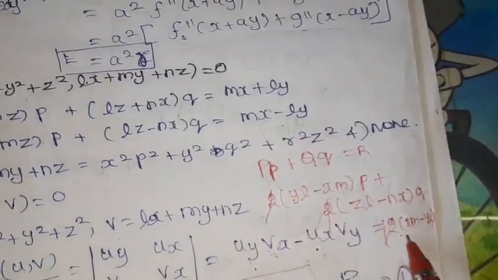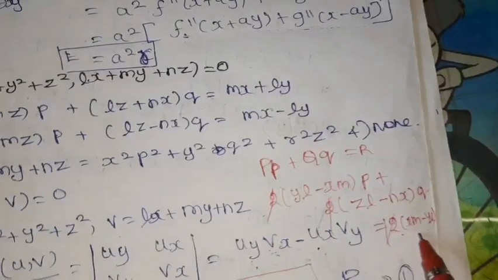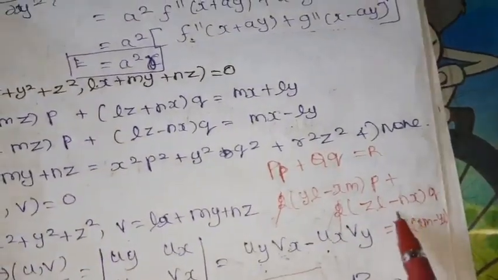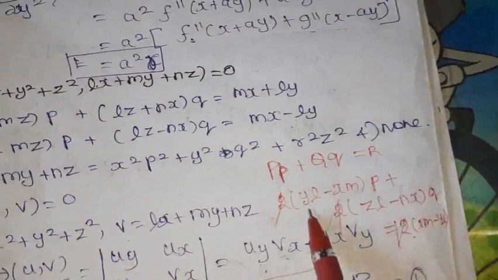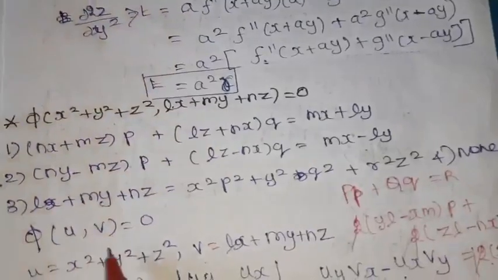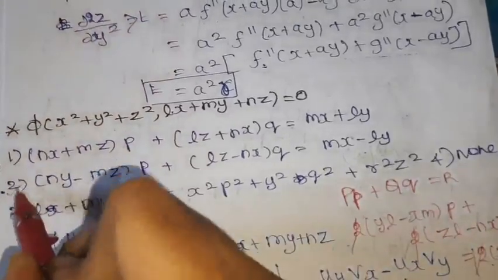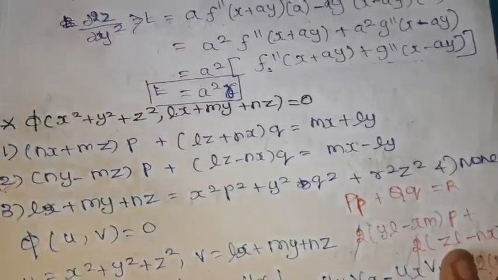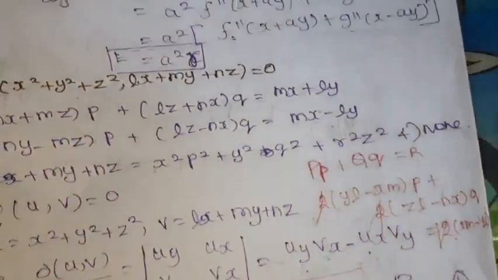So xm minus yl, lz minus nx, again it is ny minus mz. It should come as ny minus mz from comparing this equation, so it will match. Again I am making a mistake, right?